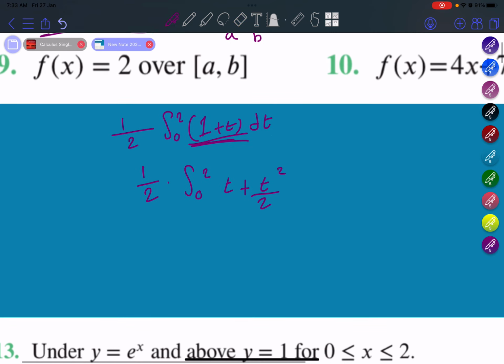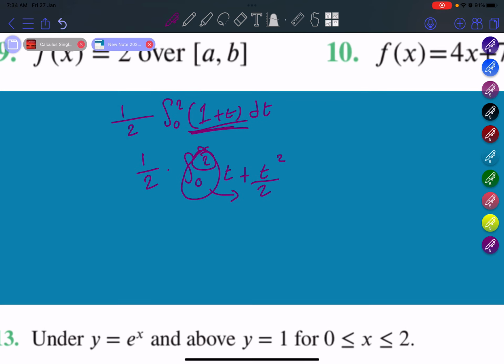Now we may actually sub in our values here. We'll sub in the upper value, which is 2, then we will subtract it from the lower value, which is 0. So let's write here 1 over 2 times, we have t here, so let's put 2 plus, for t squared over 2, we'll put 2 power 2 over 2.